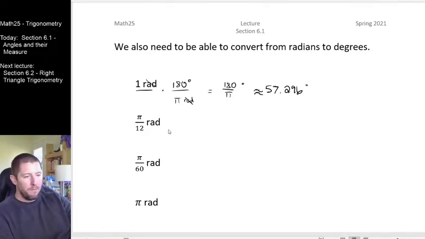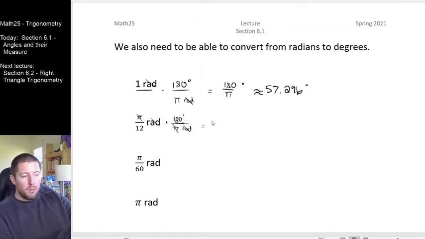So let's see some of these here. For pi over 12 radians, what I want to do is multiply by this same conversion factor, 180 degrees over pi radians. I'm going to get my radians in the numerator canceling with my radians in the denominator. Notice very conveniently here, pi cancels with pi.